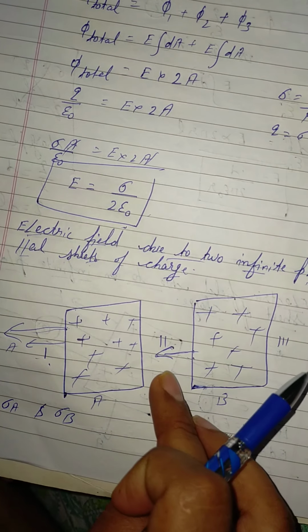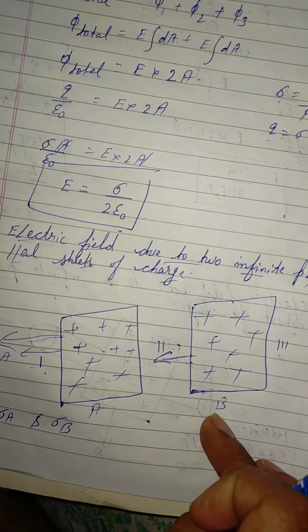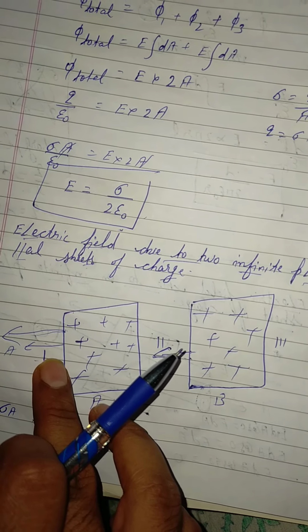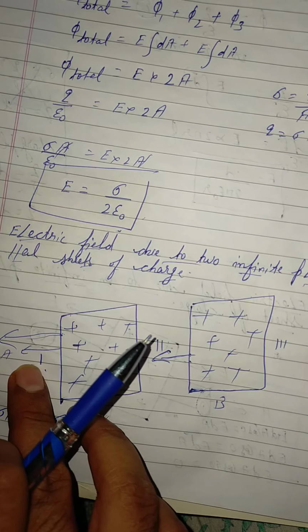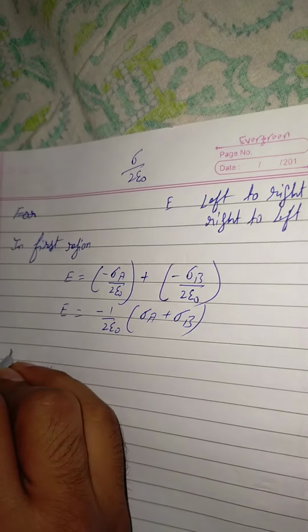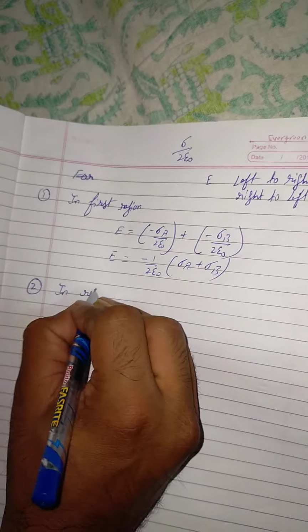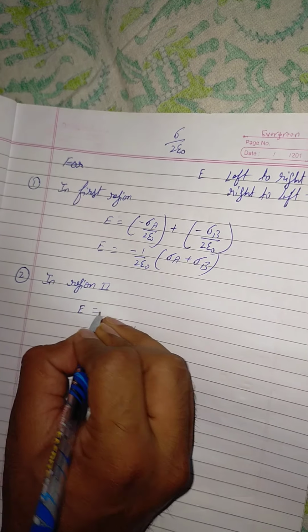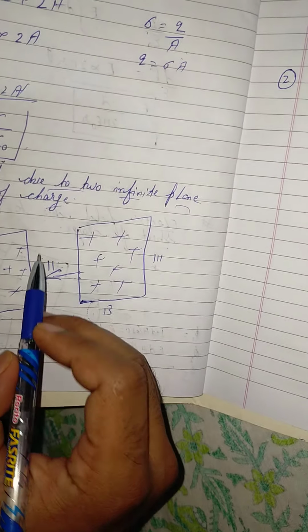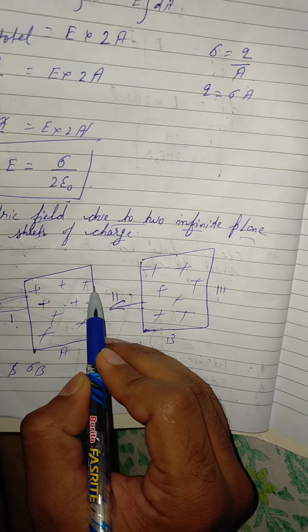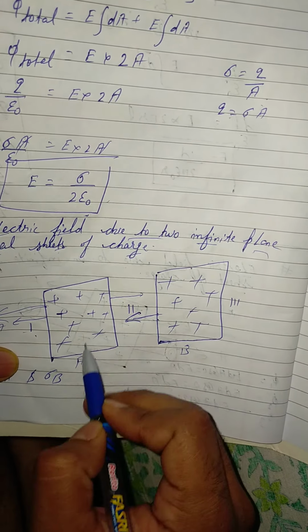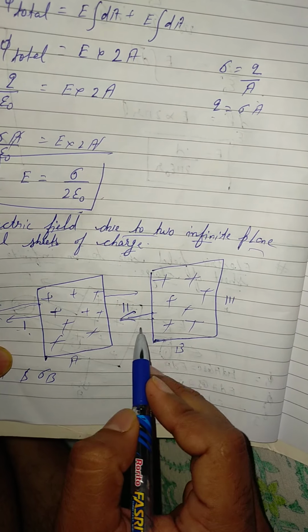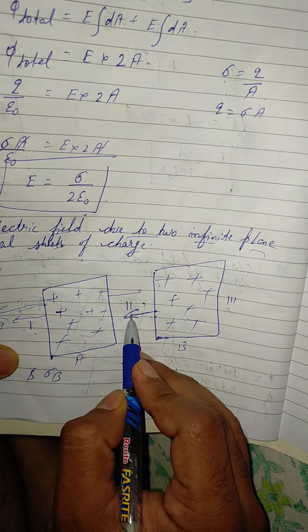Similarly, for the second surface B, from right to left, you will take a minus for the surface charge density. Now in the second region, the electric field is moving in this direction for the first surface A, and for the other surface it is moving in this side.